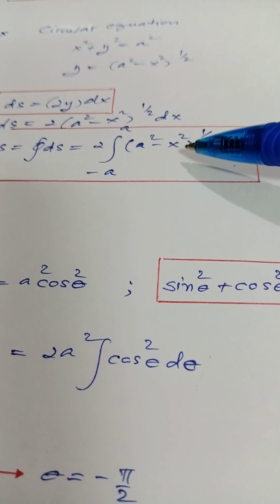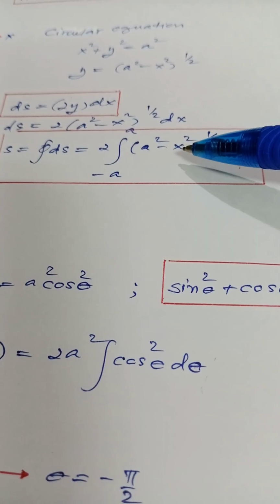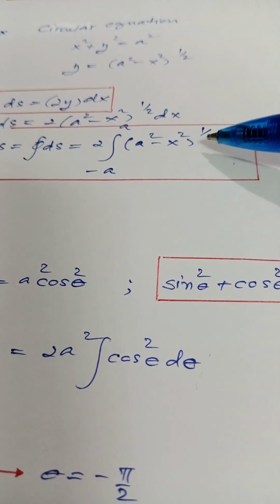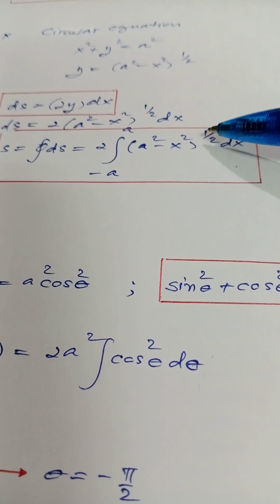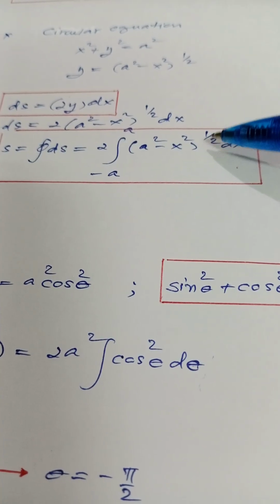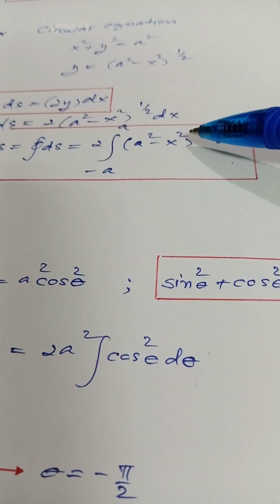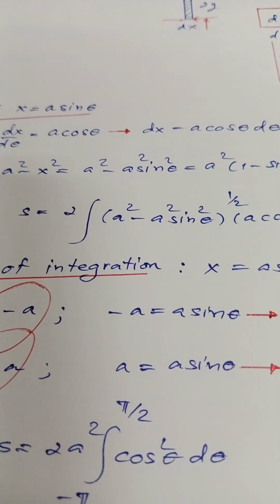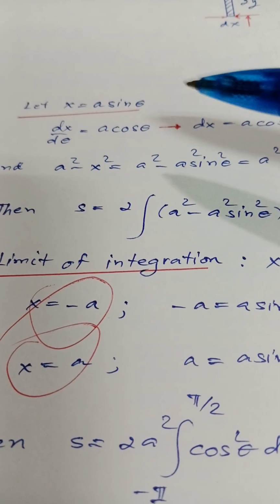You need to apply trigonometry. So we have the power of one half, or the square root, so we're going to move into trigonometry.